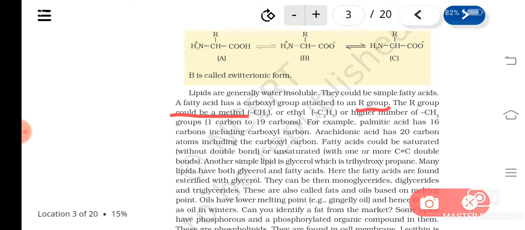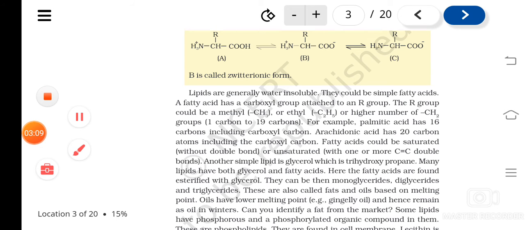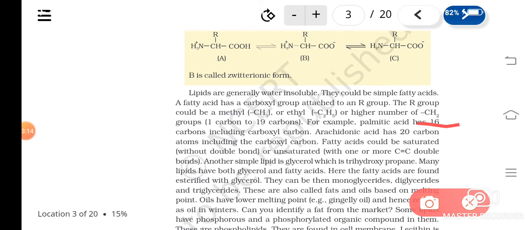This R group can be simply a methyl or ethyl, or a higher number of carbons, can be 1 to 19. For example, palmitic acid is a kind of fatty acid which has 16 carbons, attached to a carboxyl group.